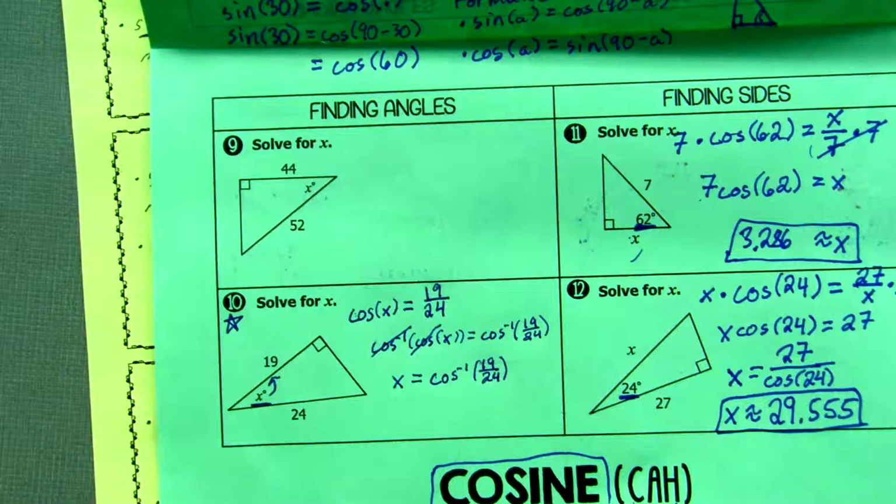Once we get that inverse cosine, we plug it into our calculator and take a second, and then message me what you get once you plug it in. And we're rounding to the nearest degree.